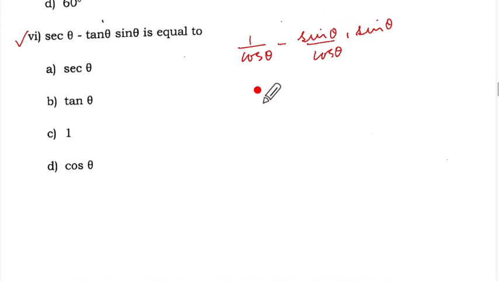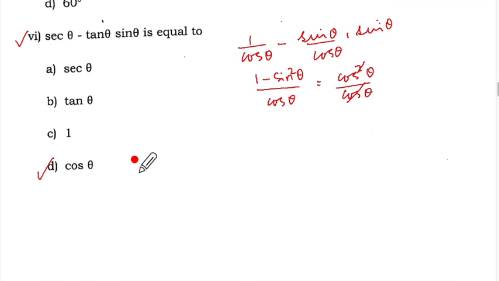And so you will have cos theta as the LCM and you will have 1 minus sin square theta in the numerator. That will give us cos square theta, because cos square theta plus sin square theta is equal to 1. So 1 minus sin square becomes cos square upon cos theta. So this gets cancelled and you will have cos theta, which will be option D.